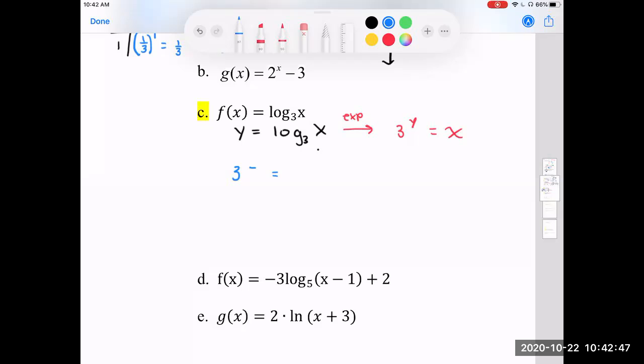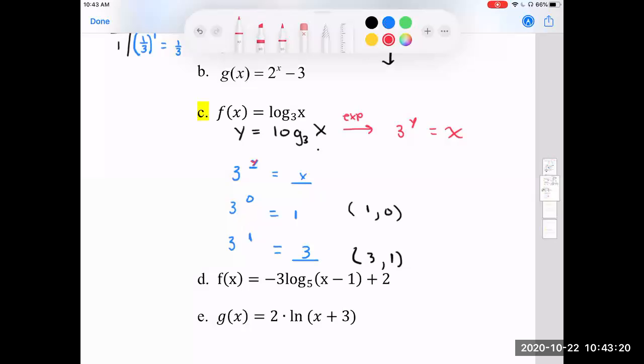So this would be our y and this would be our x. If we want a y of 0, then my x has to be 1. And if we want an x of 3, my y has to be 1. So we already have points: an x of 1 and a y of 0, and an x of 3 and a y of 1.